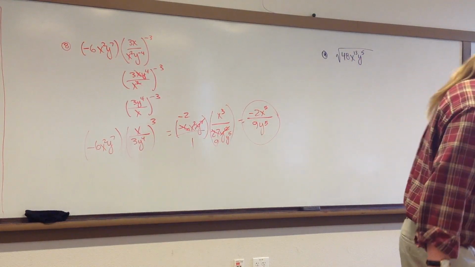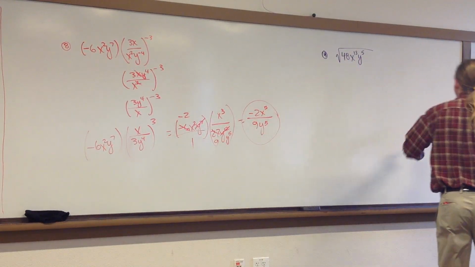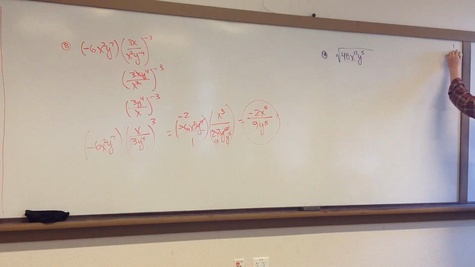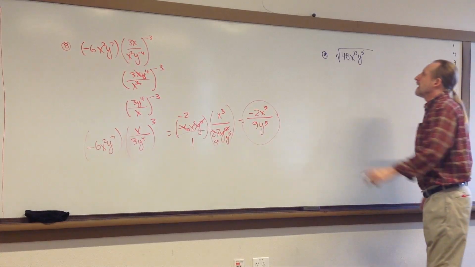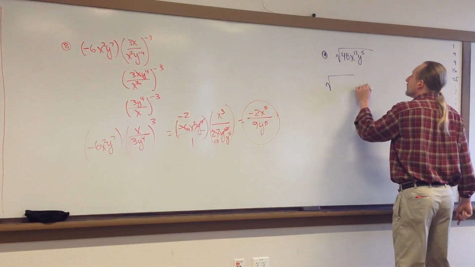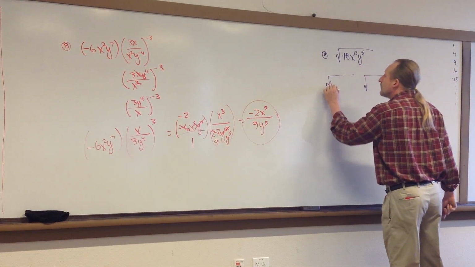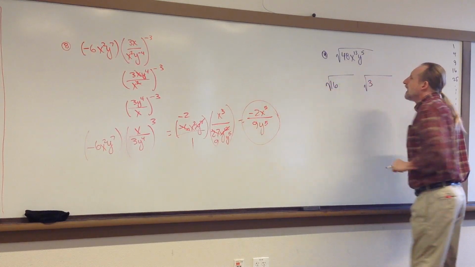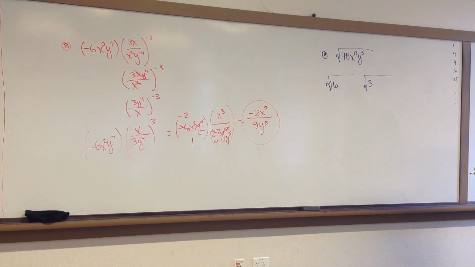So 48 is divisible by 4. I mean, if you're looking for perfect squares, you're going to have 1, 4, 9, 16, 25, and so on. So this is divisible by 4. It's also divisible by 16. Okay? This is 16 times 3. So I'm going to make 2 square roots, one for the perfect squares and one for the things that are not perfect squares.